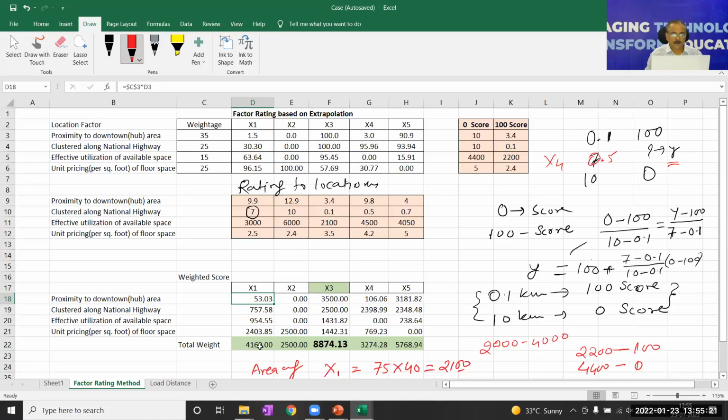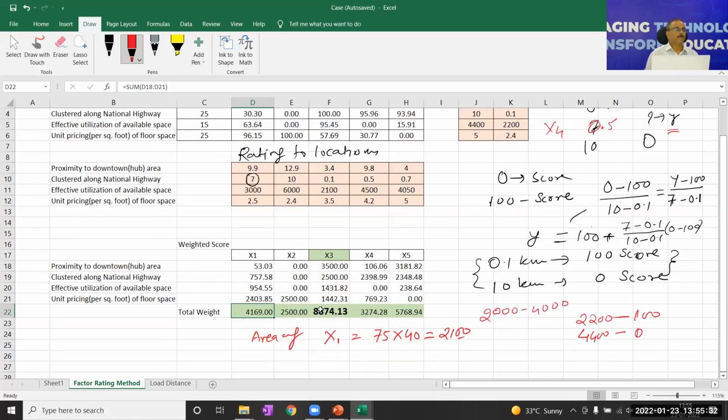Okay. And if you sum it up, you will get the total weight. And based on this, which location is getting the higher rating? Again, X3. X3.